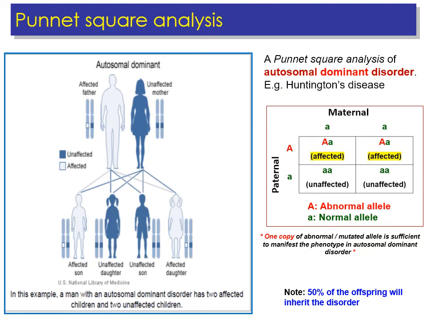This diagram shows a Punnett square analysis of autosomal dominant disorder for an affected father and a normal mother. Since it is an autosomal dominant disorder, we assign capital A as the abnormal or mutated allele and the small a as the normal allele.